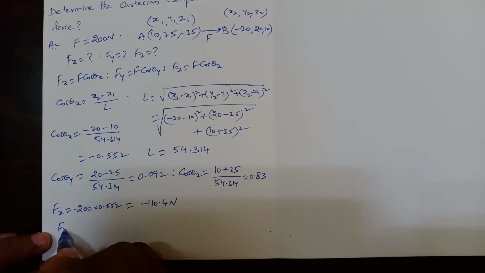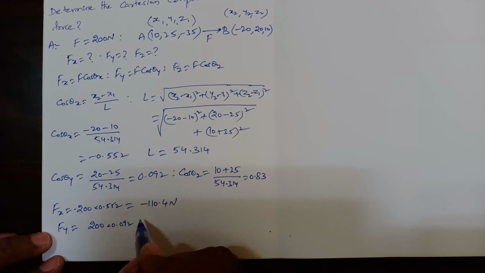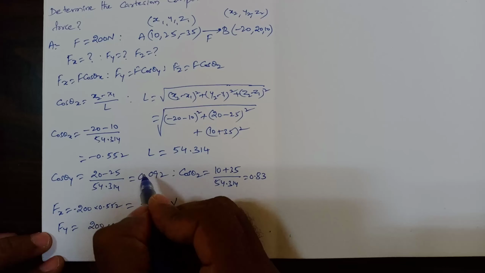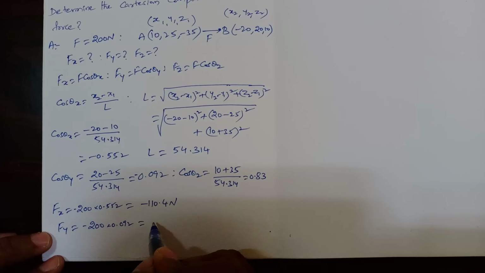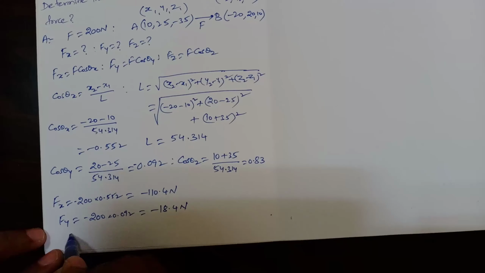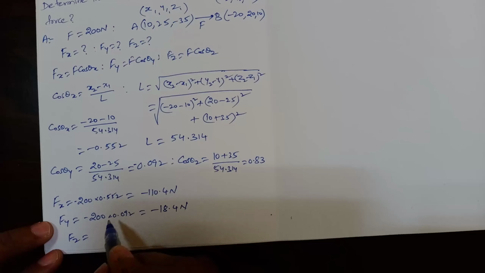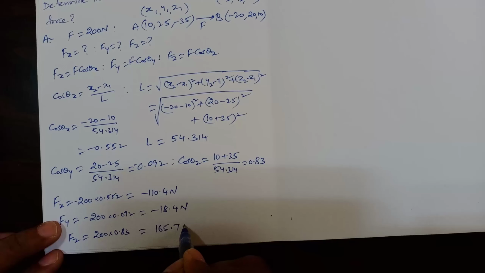Fy is equal to F cos theta y, that is 0.092. This is also minus, so this is equal to minus 18.4 Newton. And Fz is equal to 200 into 0.83, that is somewhere around 165.7 Newton.